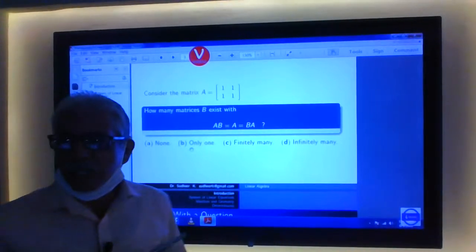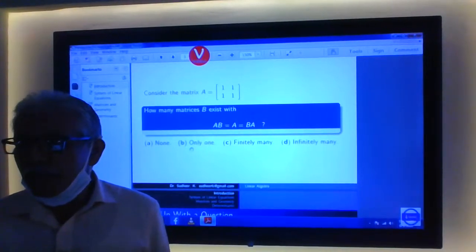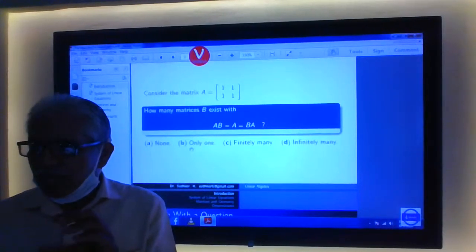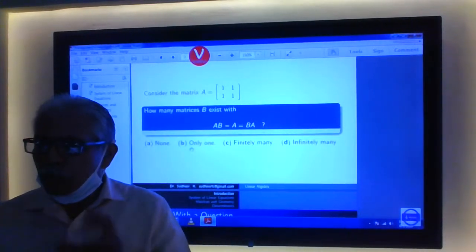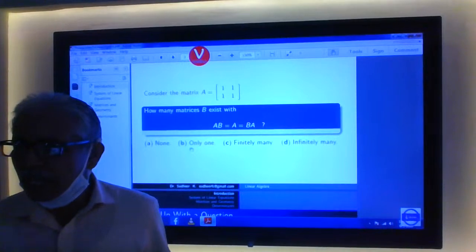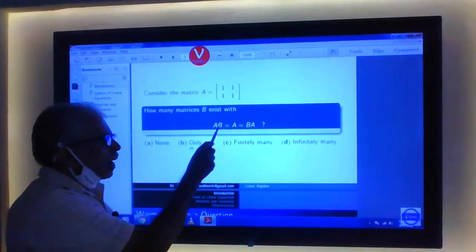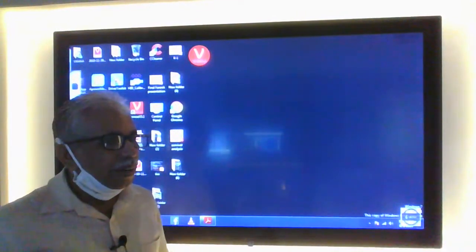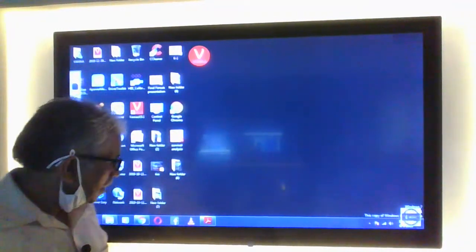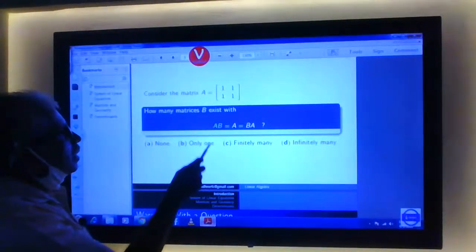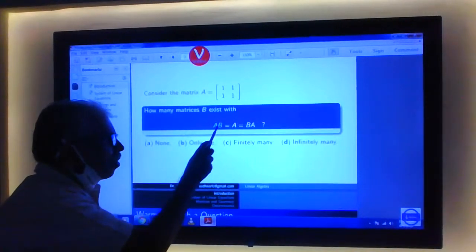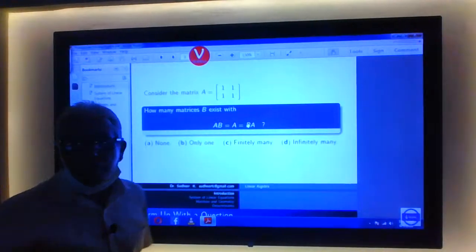You know the rules of matrix multiplication. And if two matrices are to be multiplied, like you take one matrix as the first one, the other as the second one, what should be the kind of orders of these two matrices? So here, the matrix B is multiplied to the matrix A, first on the right and then on the left.